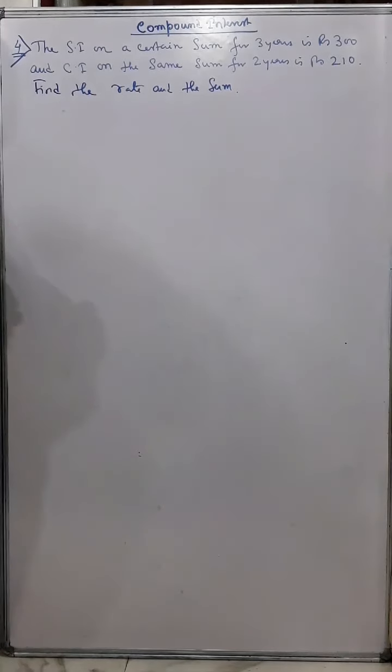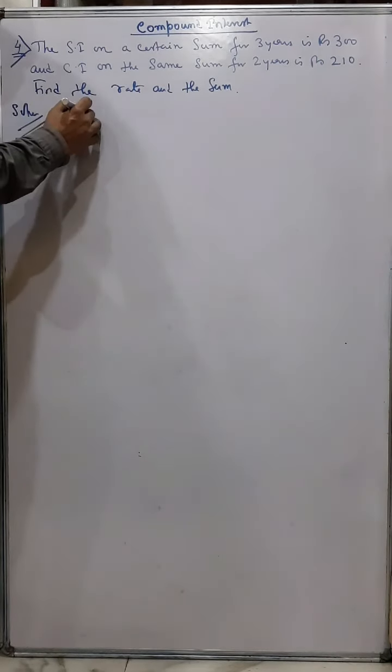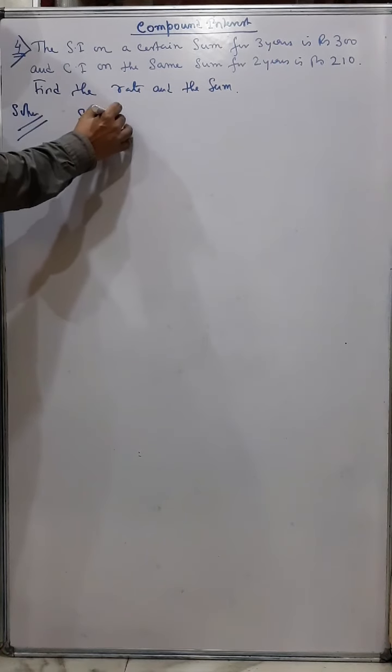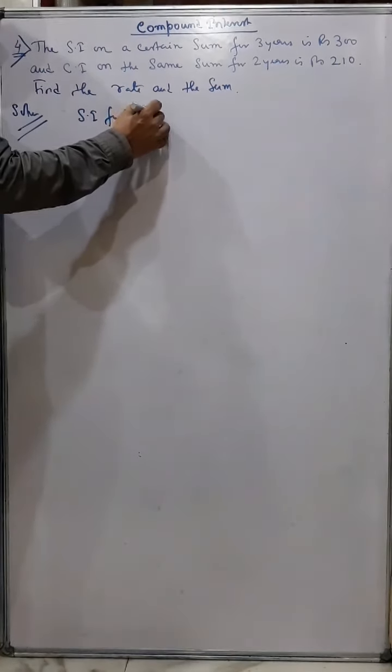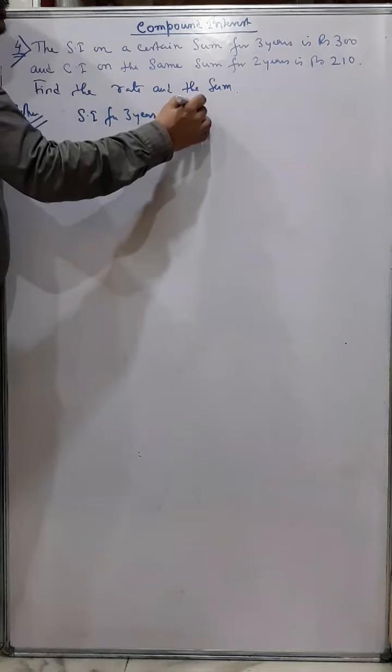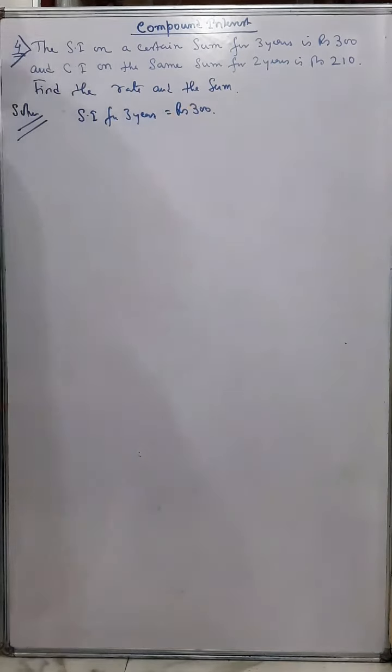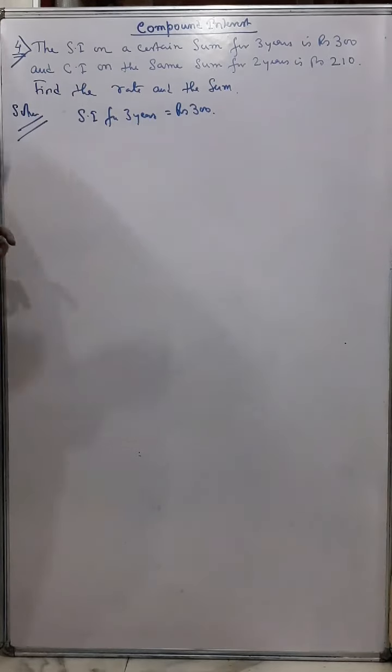So on a certain sum, the SI for 3 years is 300. Now see, SI for 3 years is equal to 300, and you know SI is equal every year.